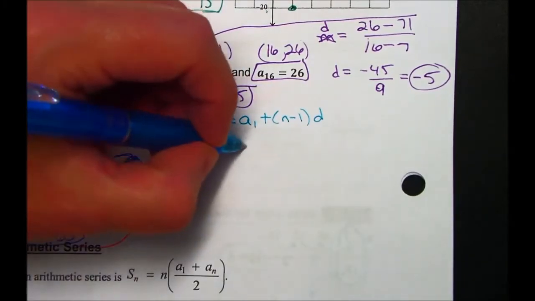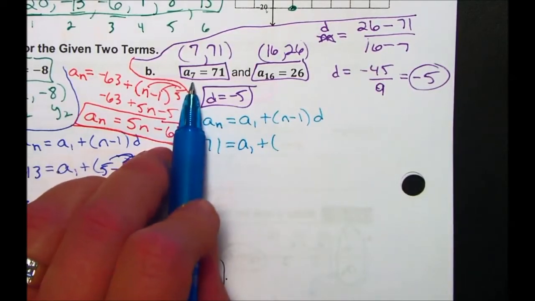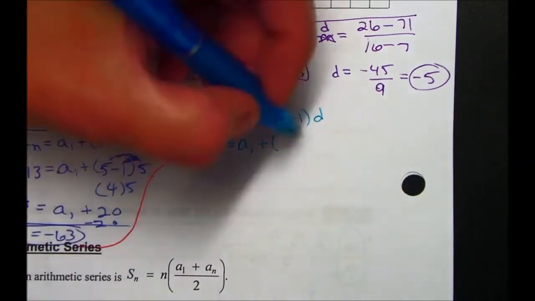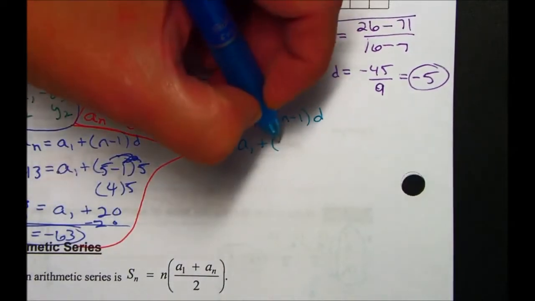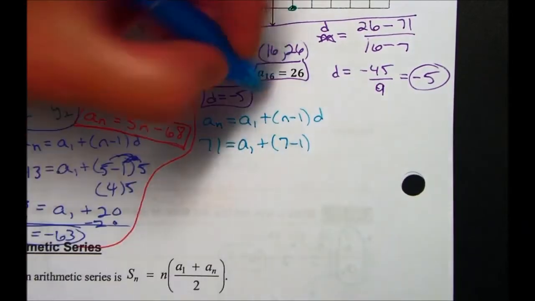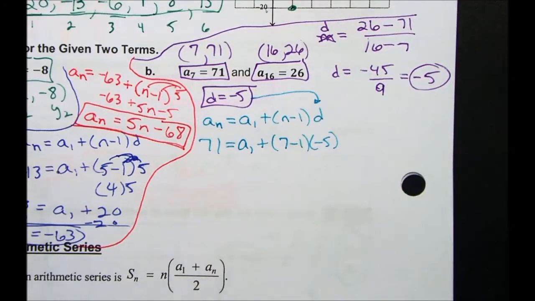My a sub 1 I do not know yet. The n was 7, so since I used 71, I'm going to use 7. That's my index. Minus 1, and then d we can now plug in, is negative 5.